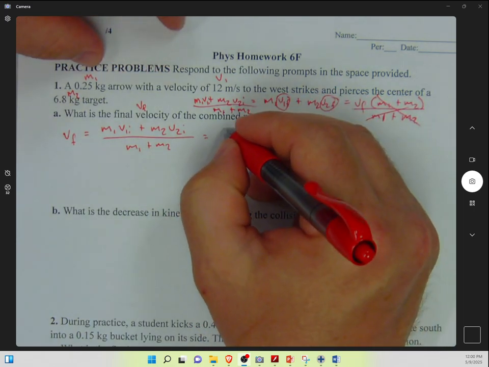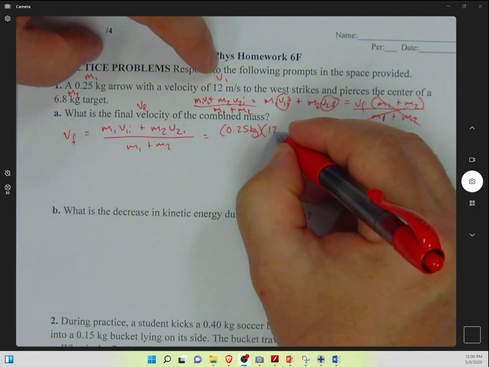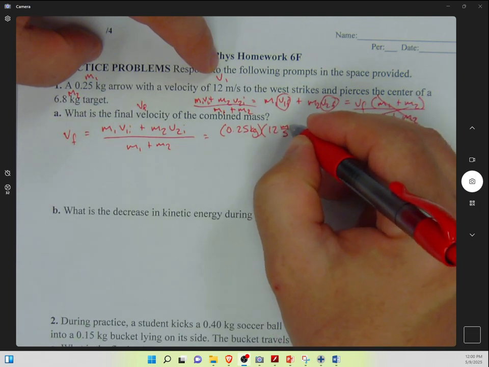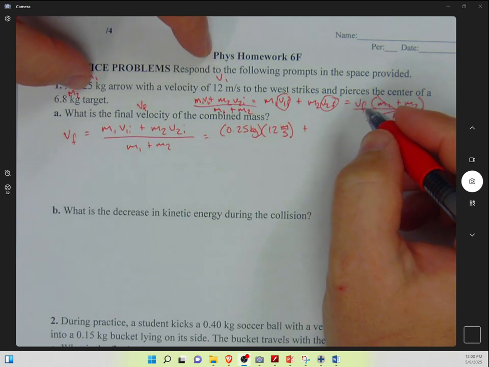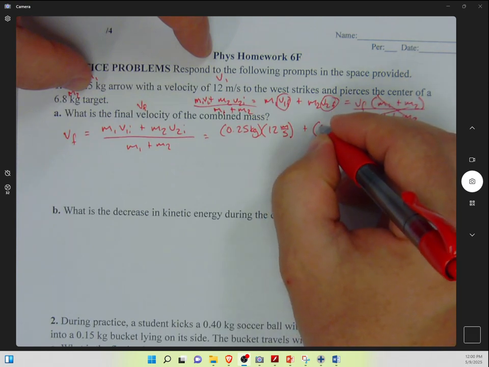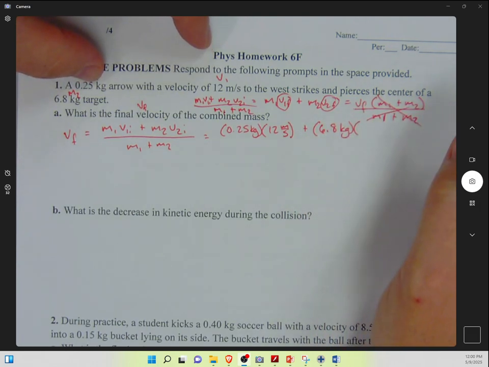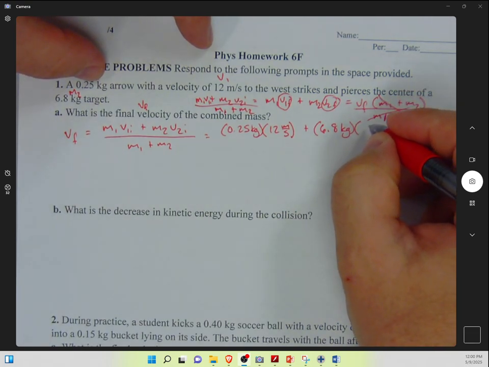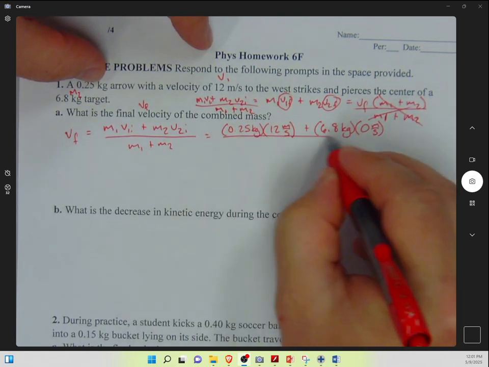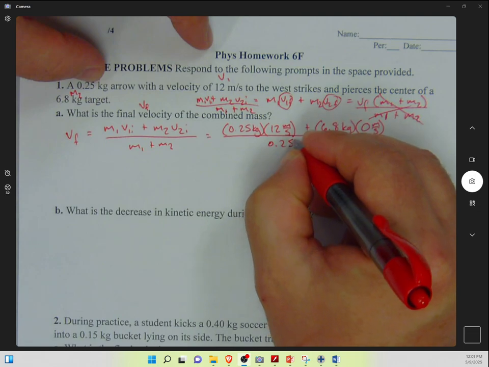So it's my M1 plus my V1 plus M2, that's V2. Oh yeah, it's going to be 0 because it's a target. It's not moving. And then I'm going to divide everything by the sum of the two masses.